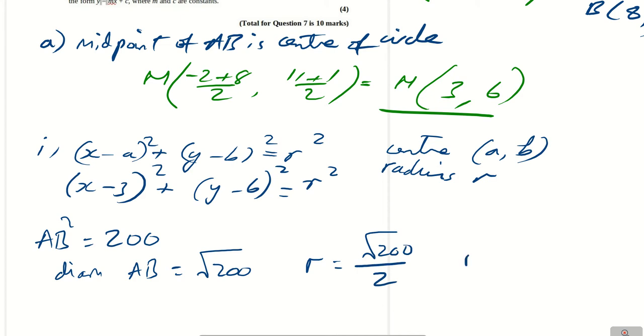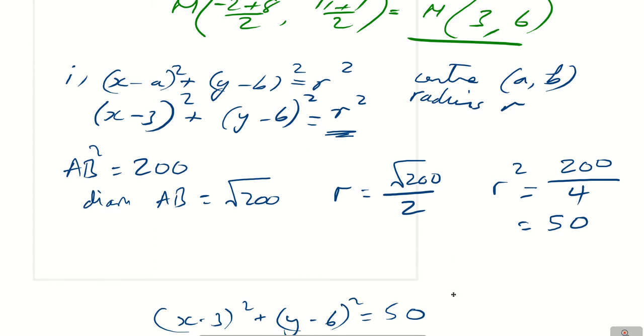Right, which means that the radius squared, which is what we want here in our equation, is going to be square root of 200 squared, which is just 200, divided by 2 squared, which is 4, which gives us 50. And then we've done it then.